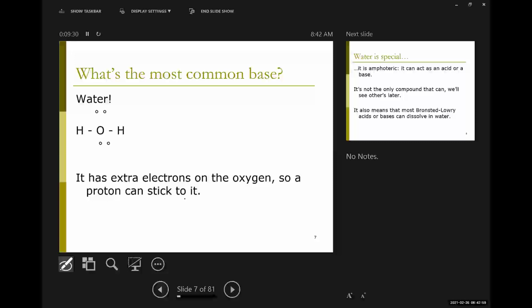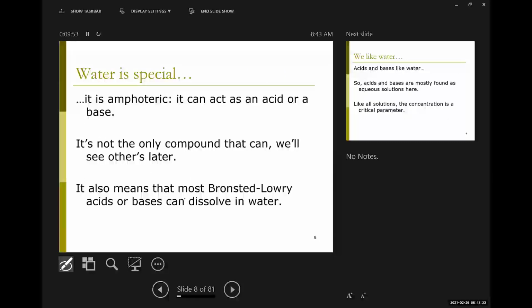But hydroxide is one of those species that when it pops up can be basic because fundamentally, what makes an acid and a base is structural. Water is not the only compound that does this, so there's a name for it.